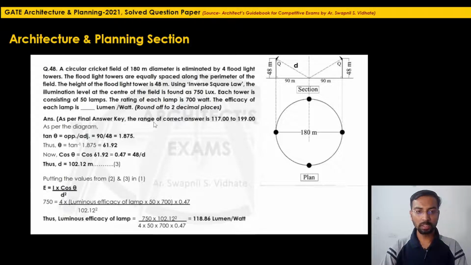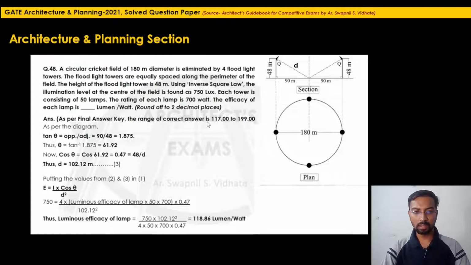As per the final answer key, the range of the correct answer is 117.00 to 199.00. So that means our answer is correct. It is in the range. You will get full marks. Just understand that the question basically depended on how you draw the correct figure, how you find the correct distance between the light source and center point, and then you must know what luminous efficacy is, how to rearrange this formula, and how to put in the correct values.